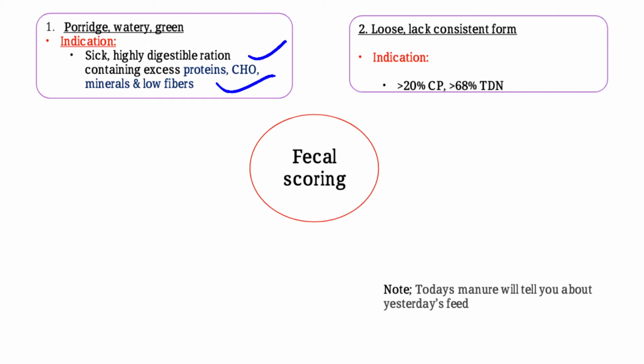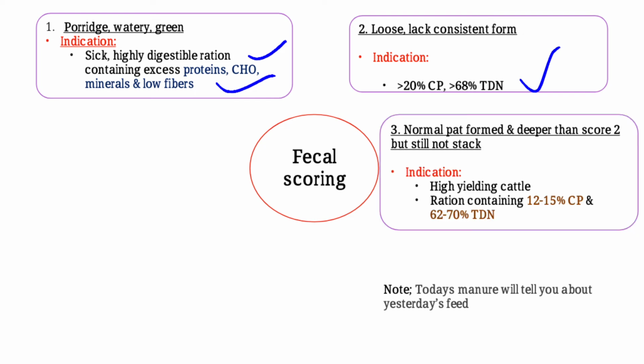Fecal material given score 2 is loose and lacks consistent form, which indicates that the cattle or cows have eaten a ration containing greater than 20% crude protein and greater than 68% TDN.